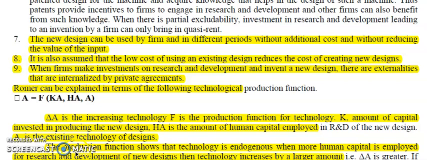Delta A is the increasing technology. F is the function, K_A is the amount of capital invested, and H_A is the amount of human capital employed. Human capital is necessary for every research and development. For the application of research and development, human capital is very essential.